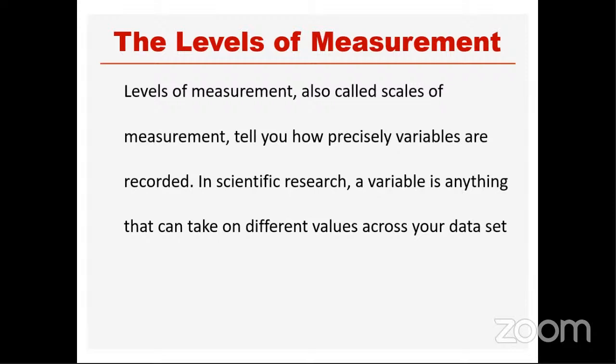But what is actually a variable? A variable is anything in a study that has the potential to vary, to take on at least two different values. We talk of gender. Gender is a variable because you can have male and female. Whenever you hear gender, you should think of male or female.